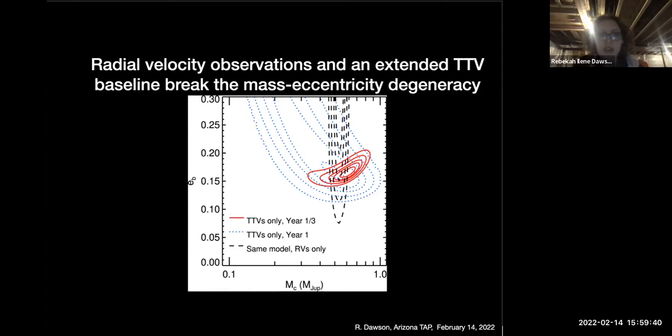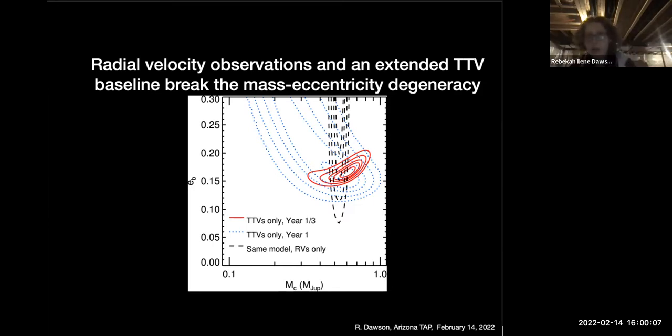And in particular, you can see the black probability distribution. This is what we're learning from the radial velocity measurements. They're not so sensitive to the eccentricity here, but they're very nicely constraining the planet's mass. And even the extended baseline alone of just having more and more of those transit measurements, which you can see in red, really also narrows down the parameter space.